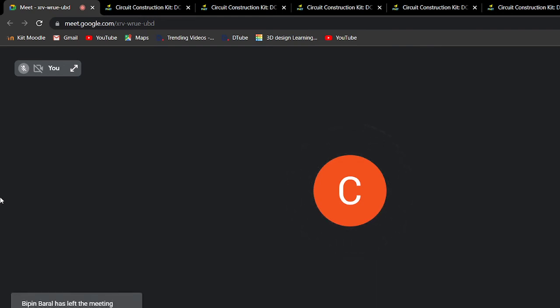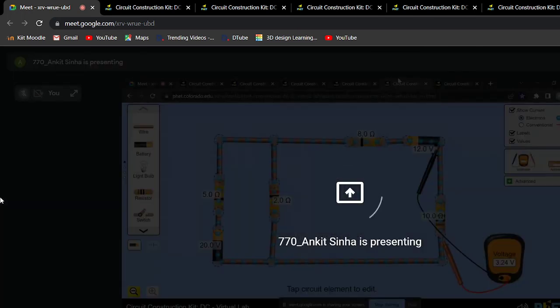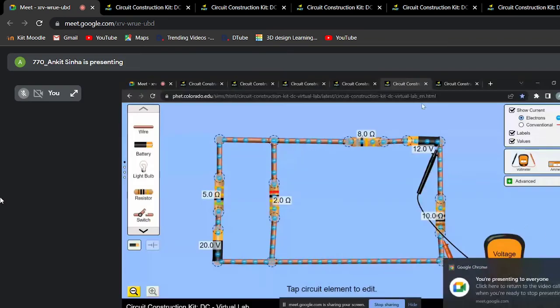Saurabh. Then Ankit Sinha. Yes, ma'am, sharing. Then Sayan Chattopadhyay, you will show. Ma'am, the question which you had given, this is the first one, second one I am doing.